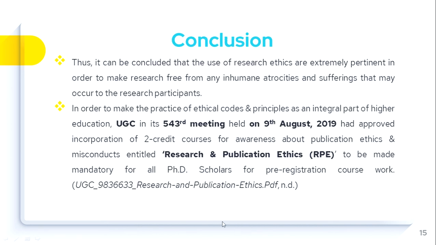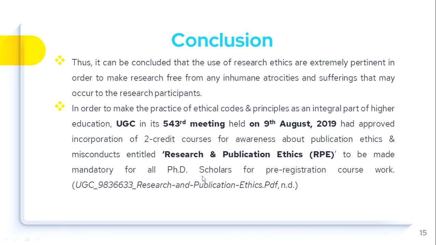So in conclusion, it can be said that the use of research ethics is extremely pertinent in order to make the research free from any inhuman atrocities and sufferings that may actually occur to the research participant. Therefore, in order to make the practice of ethical codes and principles an integral part of higher education in India, the UGC in its 543rd meeting held on 9th August 2019 approved incorporation of a 2 credit course for awareness about publication ethics and misconduct, entitled Research and Publication Ethics, to be made mandatory for all PhD scholars for pre-registration coursework.